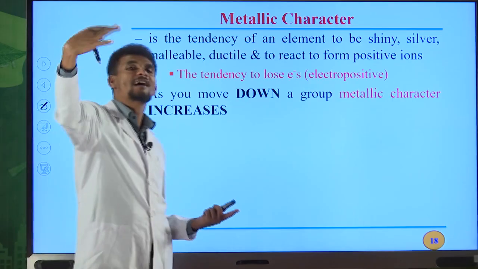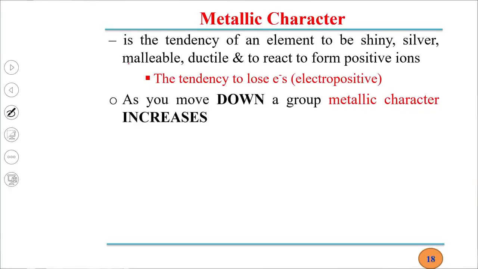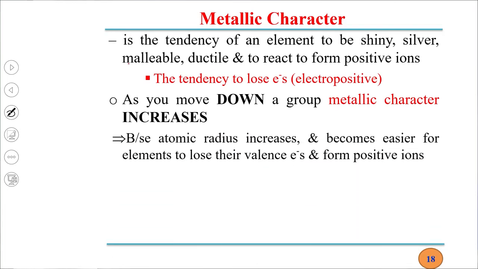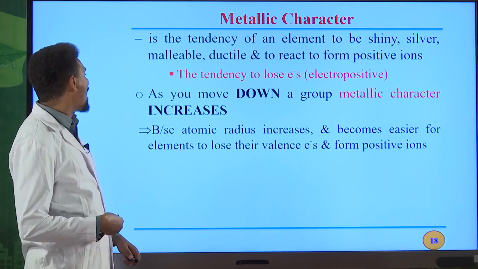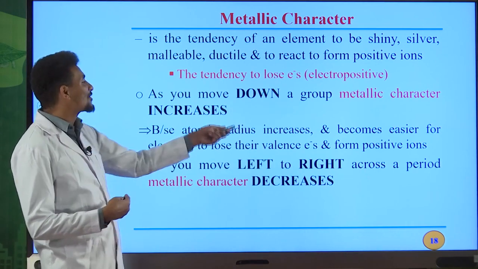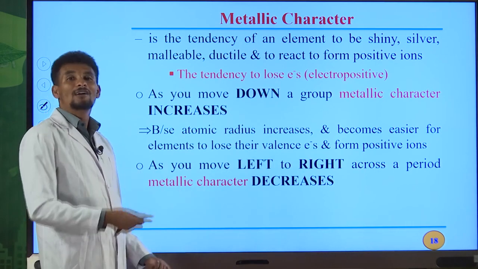Because on the right hand side of the periodic table there are non-metals, but on the left hand side we have metals, and in the intermediate we have metalloids. Therefore, metallic character increases down the group, but decreases from left to right across the period. Why? Because atomic radius increases down the group.